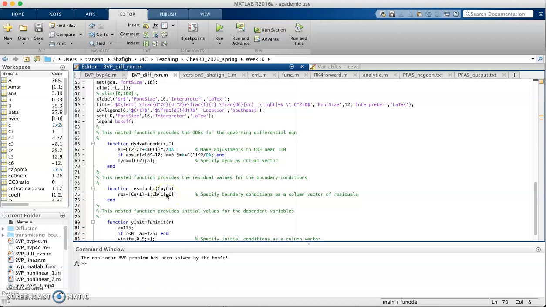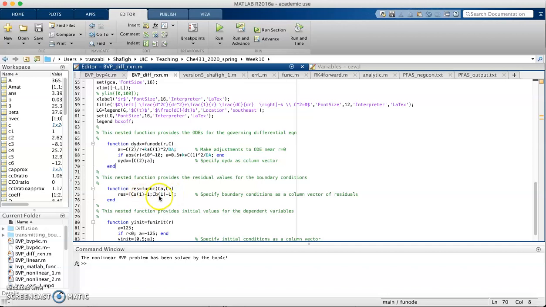So the residual would be the error I make by having a solution Ca on the left side of the diameter compared to 1. So this is the error I make between the solution I calculate and the exact value I have to match on the left boundary. On the right side of the diameter, again it's 1, so the solution I get minus 1 is going to be the error I make.